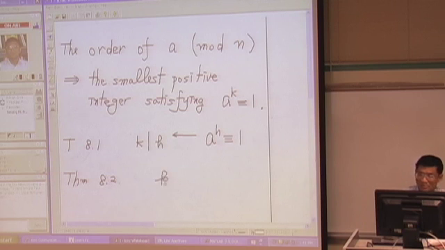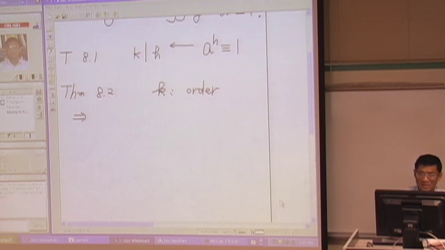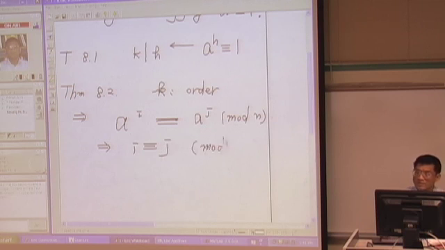If k is the order, then for any a having GCD with n equal to 1, if a to the power of i and a to the power of j are congruent mod n, then i and j are congruent mod k, where k is the order.